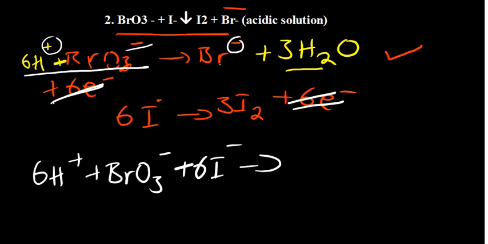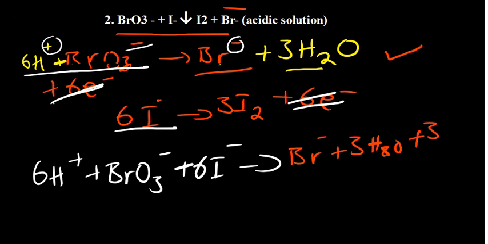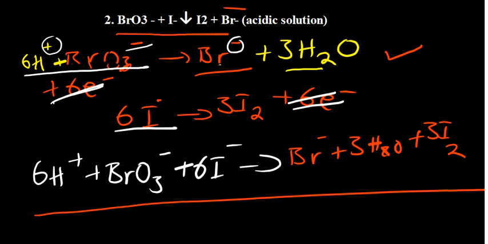Then the products: we have bromide plus 3 water molecules plus 3 iodine. So this is the overall balanced equation in acidic media, shown by the presence of the hydrogen ions.